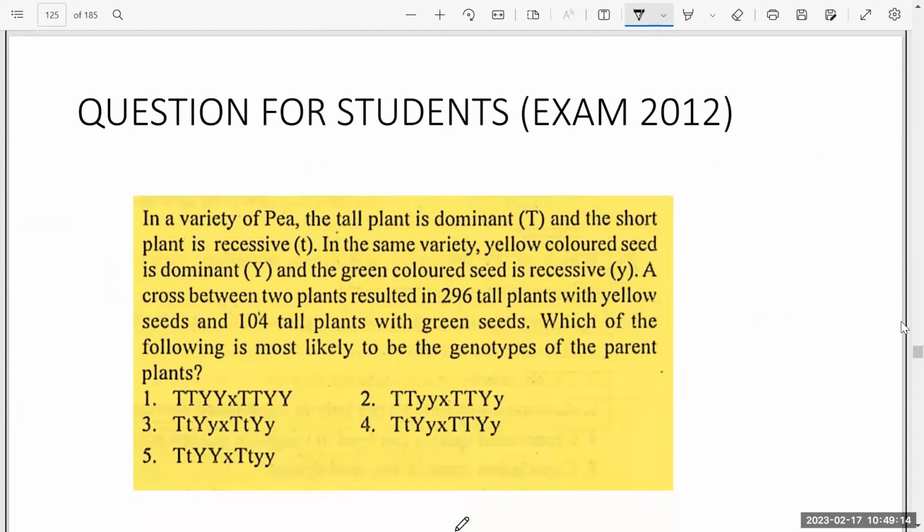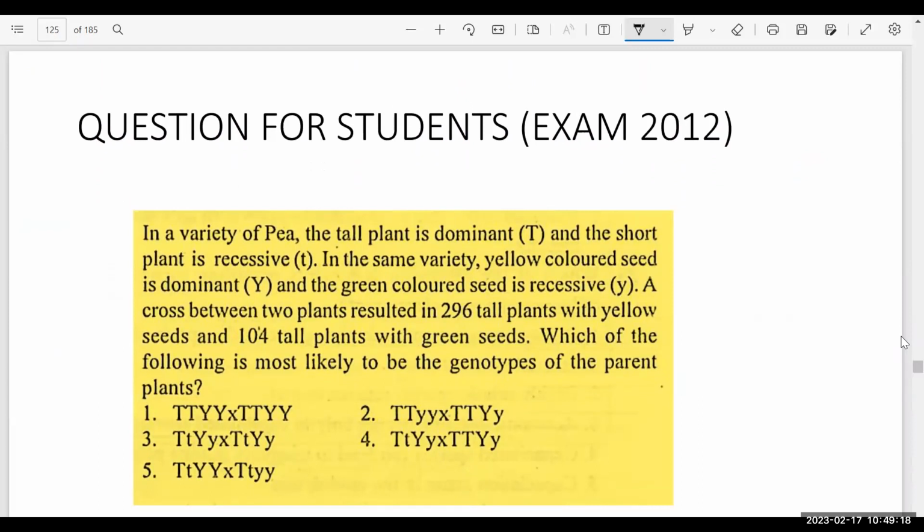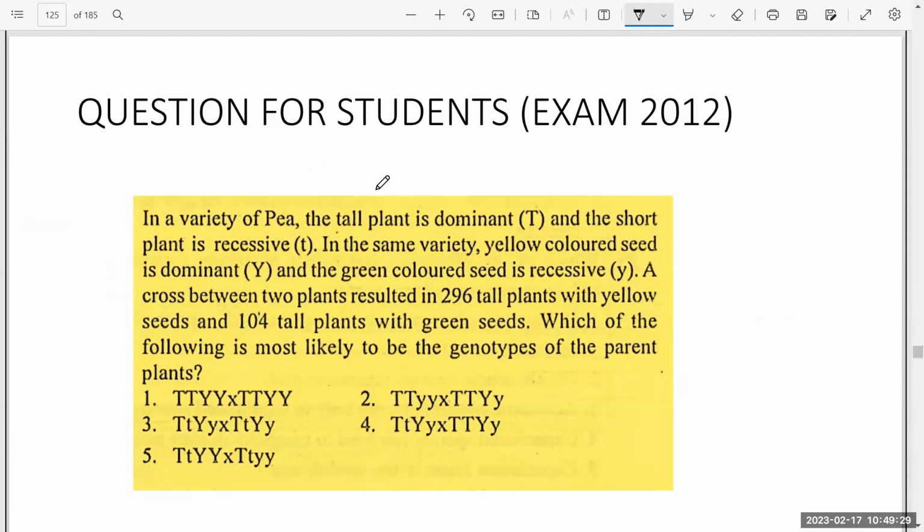So we have done similar questions, I think, for this case. We have learned a similar concept to answer this question. So that is easy, you can come up with the answer.